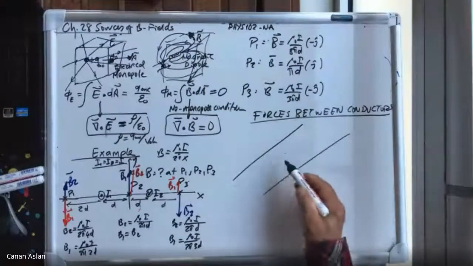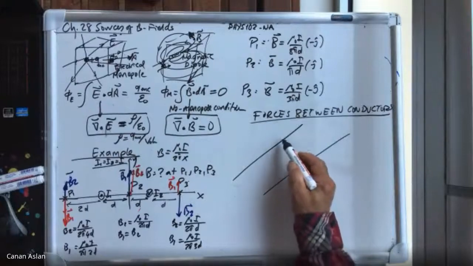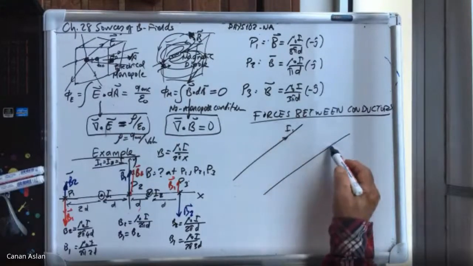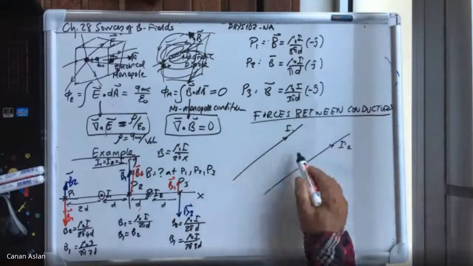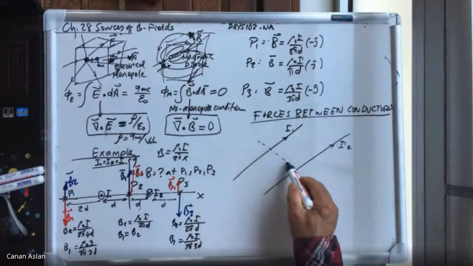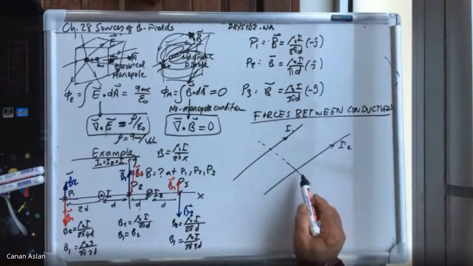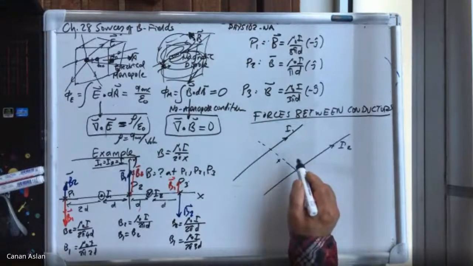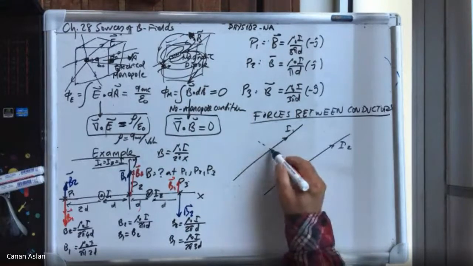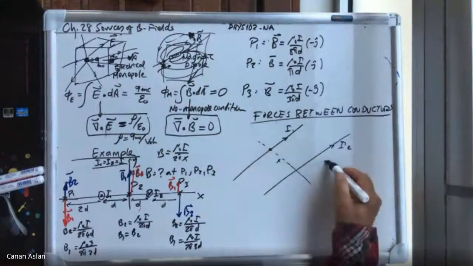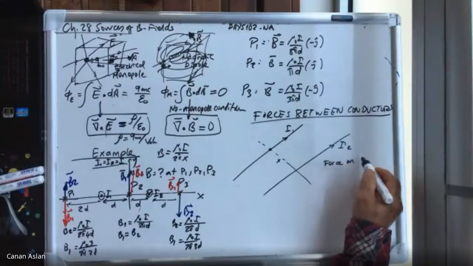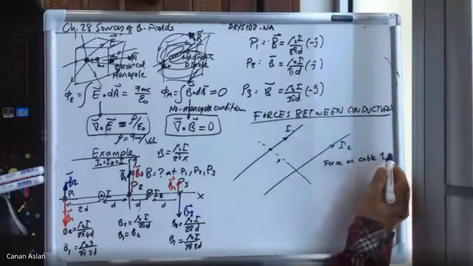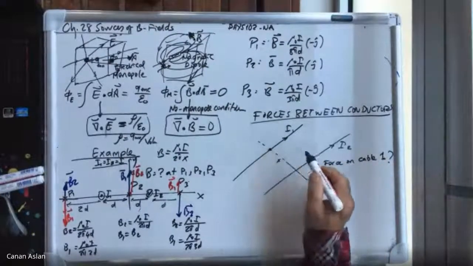Suppose that this is current 1, I1, and current 2, in exactly the same direction, and the distance between them is just x. Now we would like to find the forces on each other. Let's consider the force on cable 1, so we've just considered it at this point.